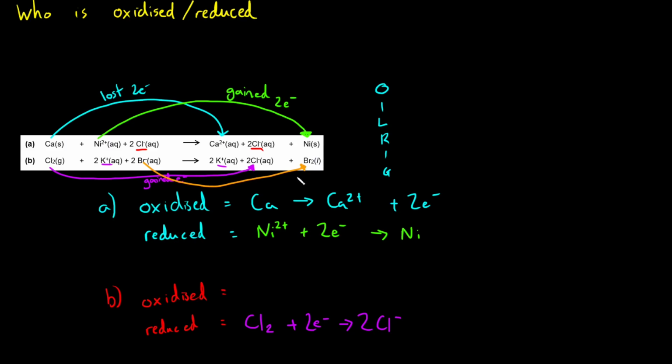Well, that must have lost negative charge, must have lost electrons. And again, I can go to page 10 of the data booklet to write out the oxidation. I just flip it. And so I would write 2Br negative turning into Br2, the diatomic molecule, by losing 2 negative electrons.